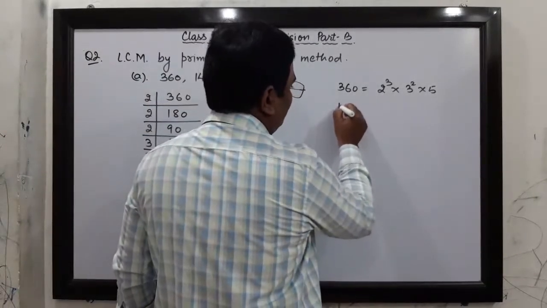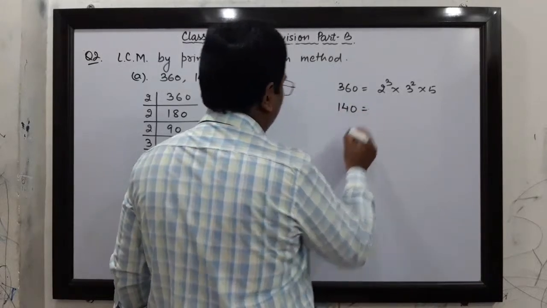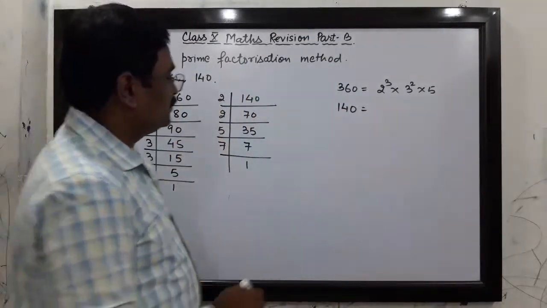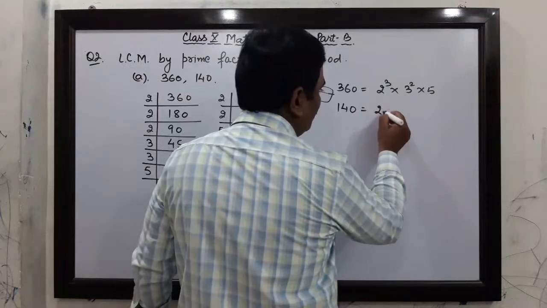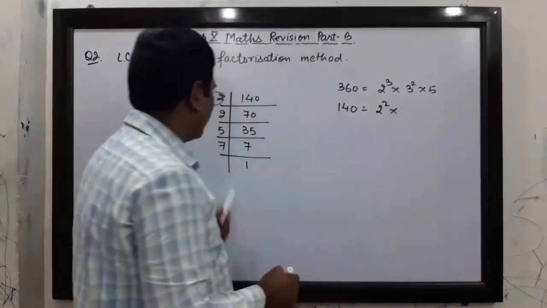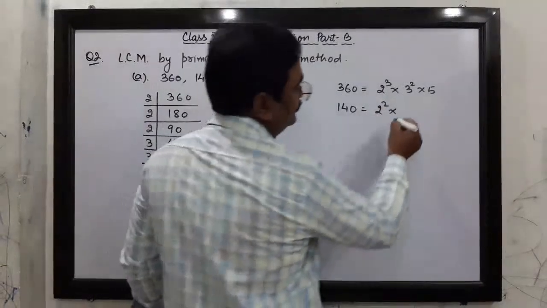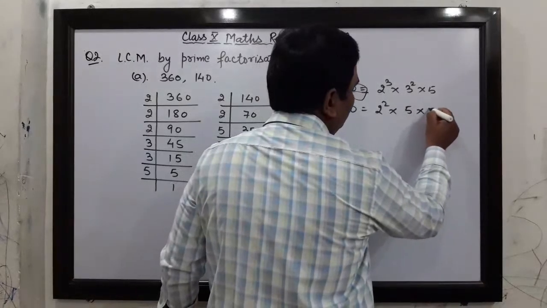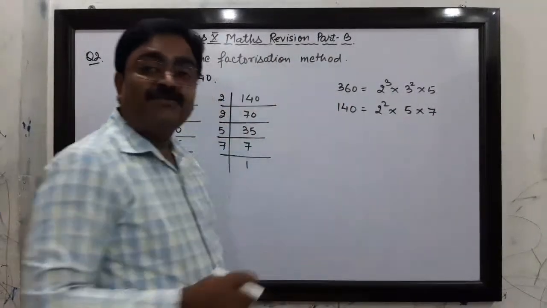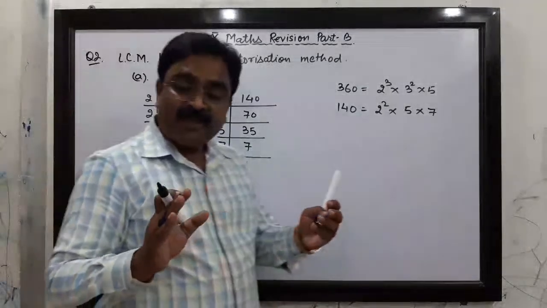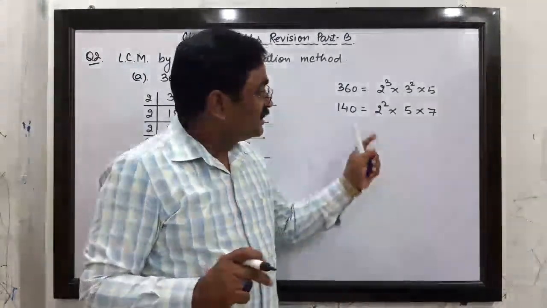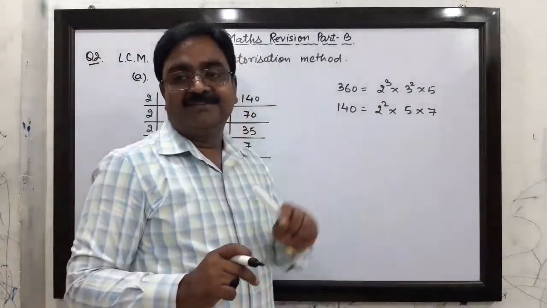The prime factors of 140 are 2 raised to 2, because there are two 2s, multiplied by 5 multiplied by 7. Here we have to be careful.